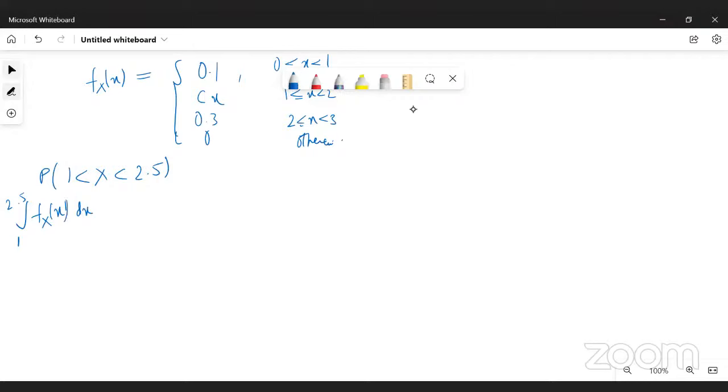Between 1 to 2, it is defined as cx. So you have the integral of cx dx from 1 to 2. Then from 2 to 2.5, it's 0.3 dx. But we don't know what c is. So how will you find c? Yes, ma'am. That is my question. Ma'am, can we add all those so that the sum of the probabilities is equal to 1?